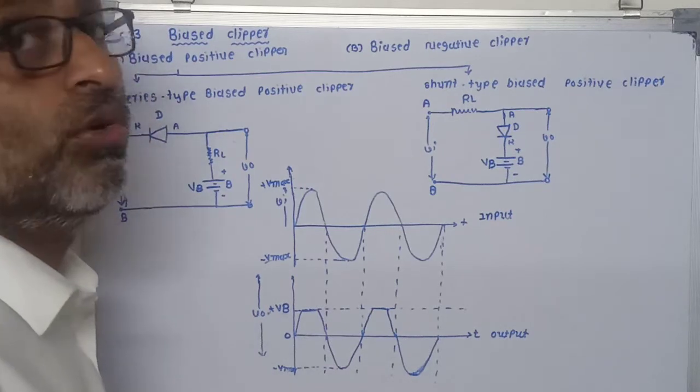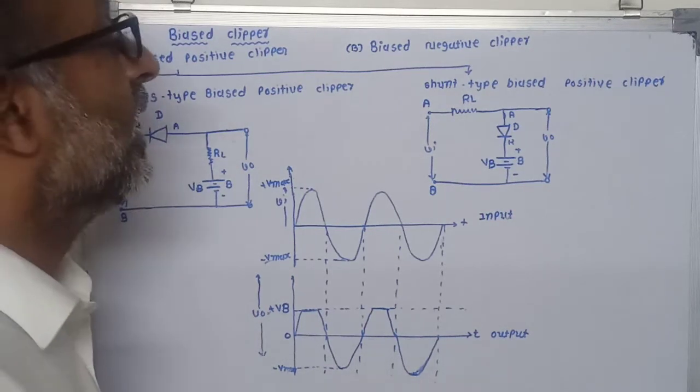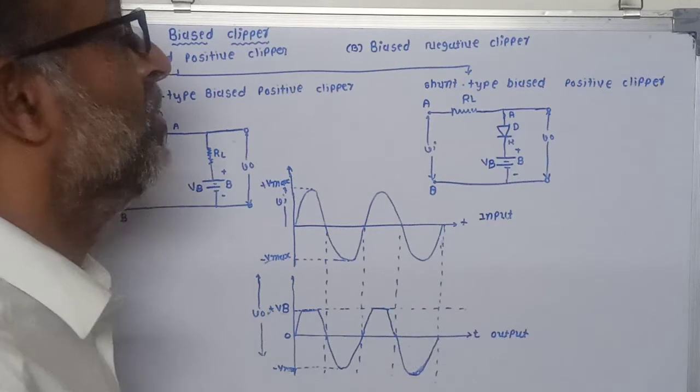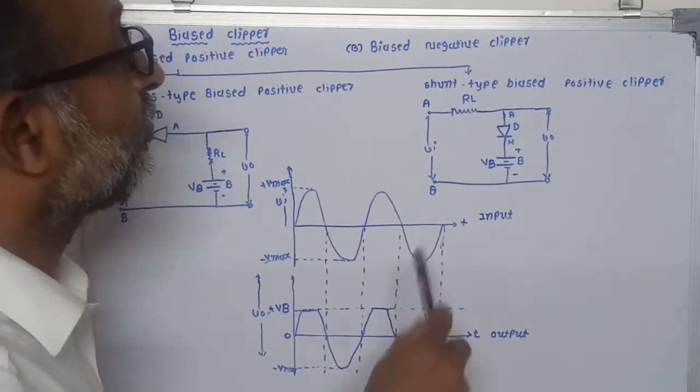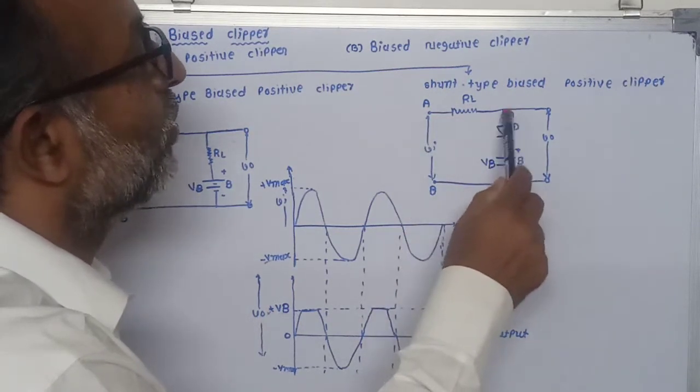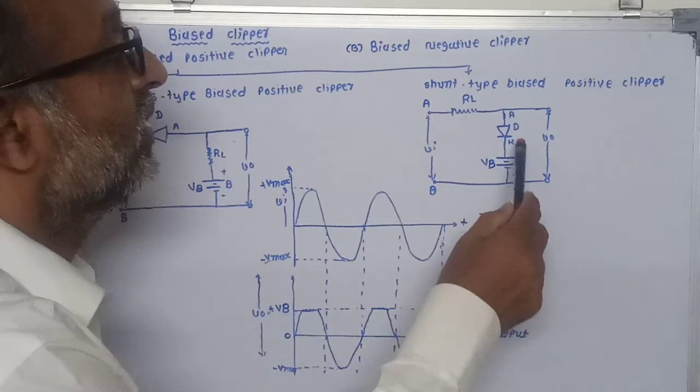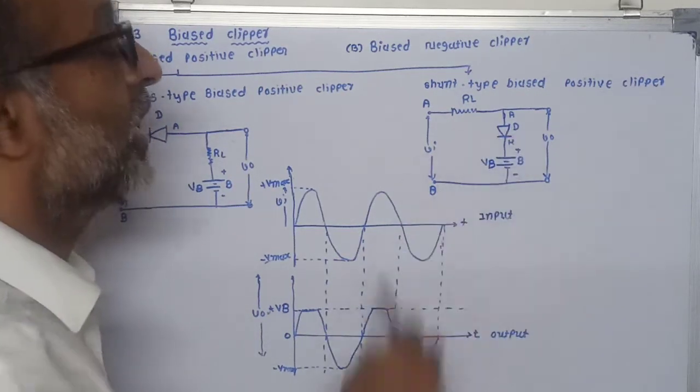Now when the value of this input voltage is greater than this battery voltage VB, at that time the diode's anode terminal gets higher potential than the potential available at the cathode terminal.